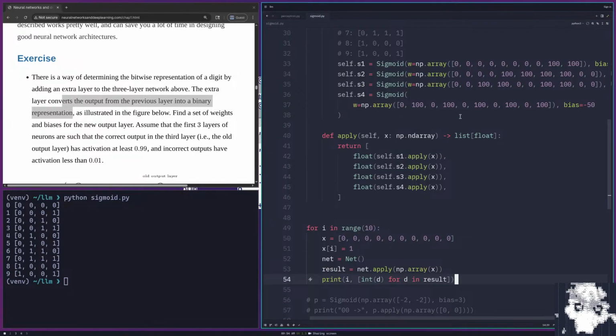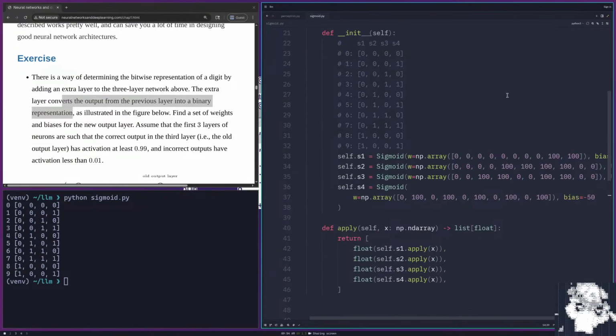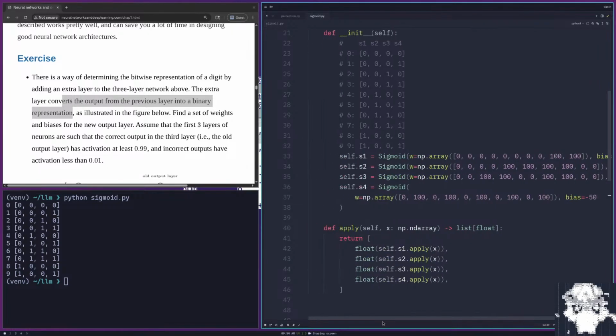And what did we learn? I guess we learned how to reproduce a truth table out of sigmoids.